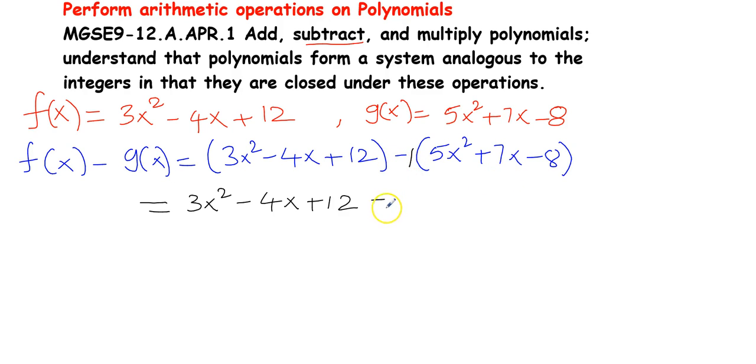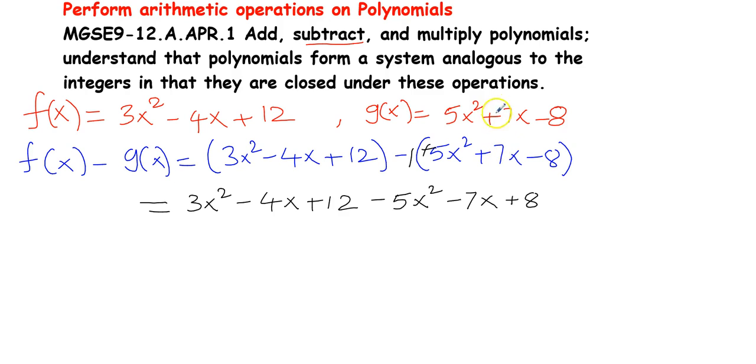That's why we usually say that just change the sign as you remove the parentheses, right? So 5x square, there is no sign beside 5x square, so by default it is positive. So positive sign, now I have to change it to minus. It is minus 5x square, plus 7x becomes minus 7x, and minus 8 changes to plus 8.